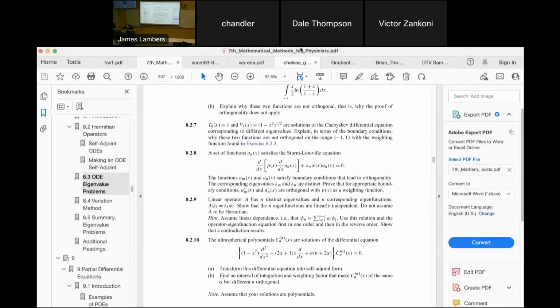This is actually not a self-adjoint case. Oh, no, not self-adjoint. It bugs me that this weight function w of x is sitting there. I don't like that.